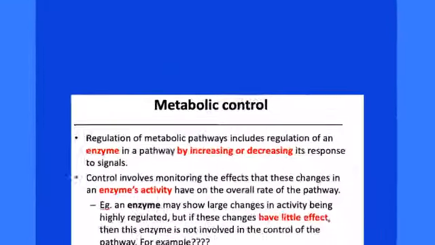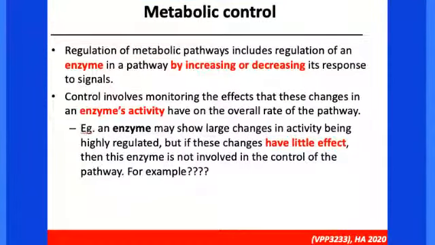Next control under the endocrine system is metabolic control. Metabolic control refers to enzyme activity, especially when we talk about the pathway and the response activity. So maybe I can read the definition of metabolic control.